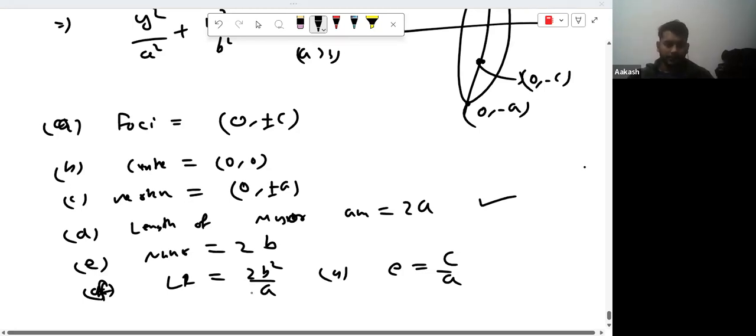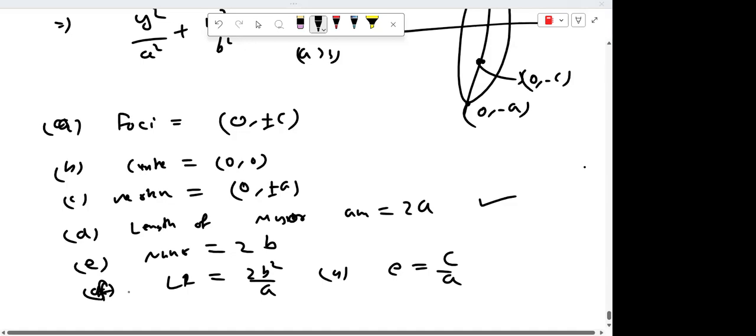All right, done. Noted. Solve one more question then. Find the vertices, foci, major axis, minor axis.